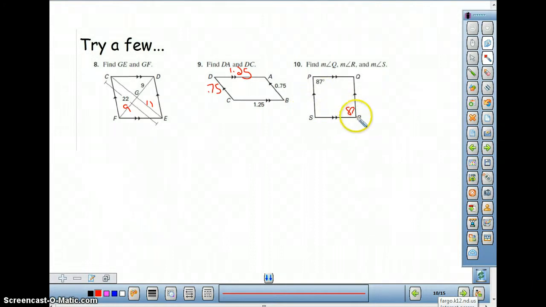Okay, next to it adds up to 180. So if we punch that into our calculators, we've got 180 minus 87 is going to give us 93 degrees. So if it's next to that, it's going to be 93. Across from it will also be 93.